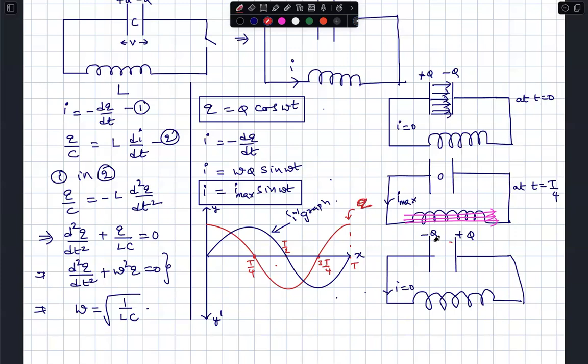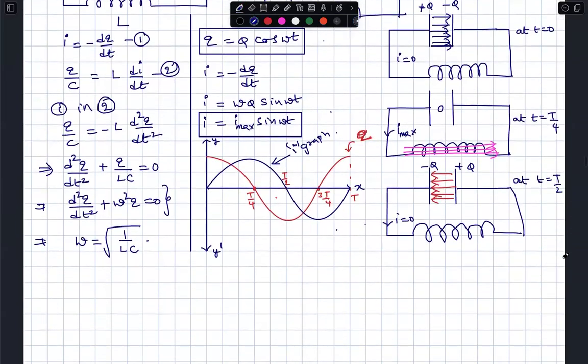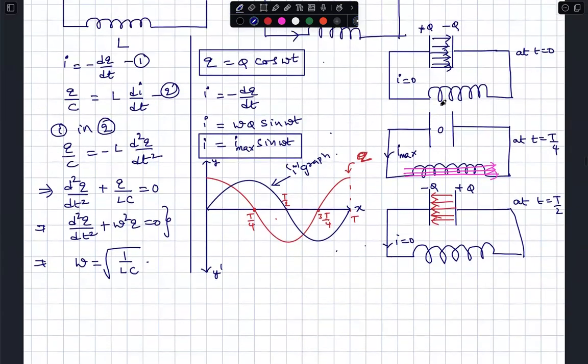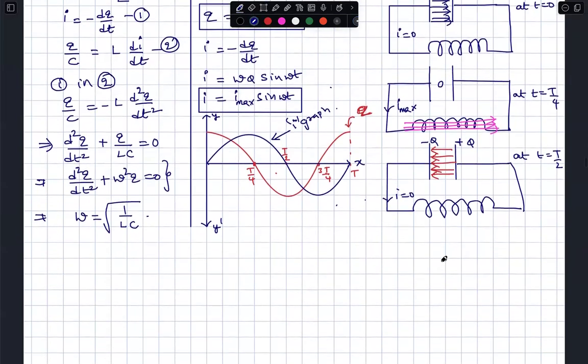Now you see the electric field is in this direction. Now again, the entire energy is stored in the form of electric field. Remember, this is at t is equal to T by 2. This is half cycle. What is happening in half cycle, I have shown you.